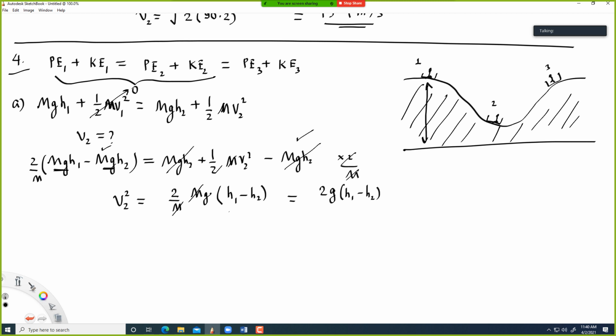To find V2, I need to take the square root on both sides. So the square root of 2 times g, which is 9.8, always the same value, times height 1, 40 meters.